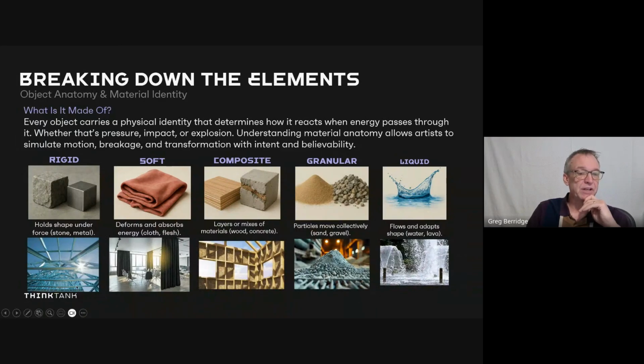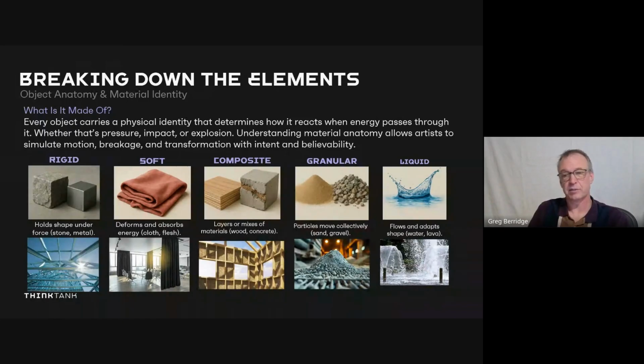So in the case of rigid, dealing with that metal, the trellises, the framework that might go on in there. Cloth, right? So how does the cloth react to whatever's happening in the explosion? Composite material. So this is usually your woods and areas like that. Granular. Sometimes if you're talking sand, you're not close enough frame-wise to see this, but it can come across as just a slight distortion in the light.